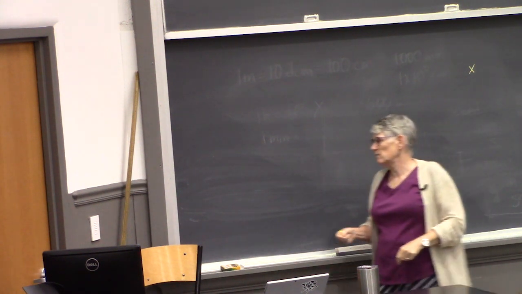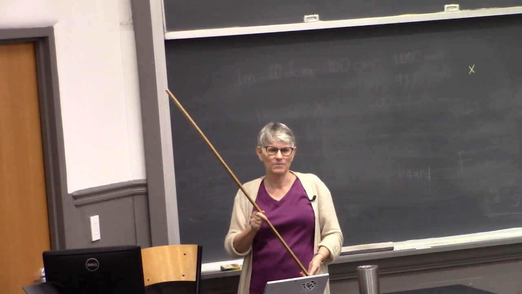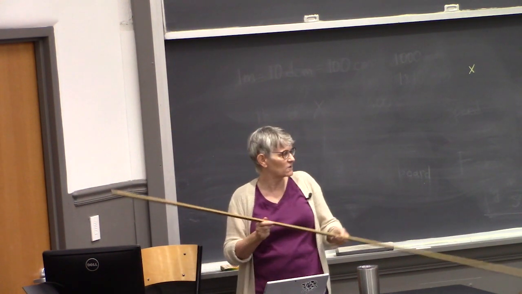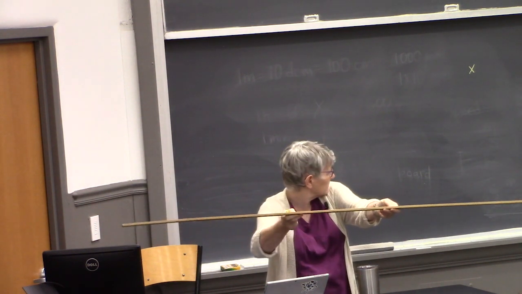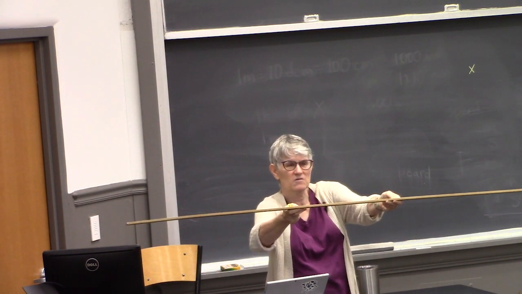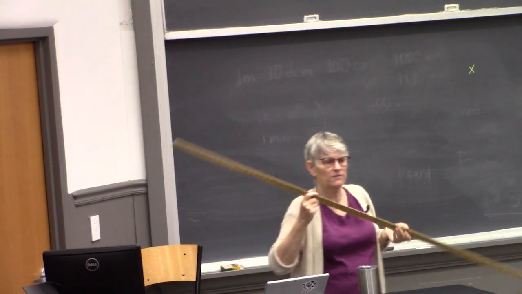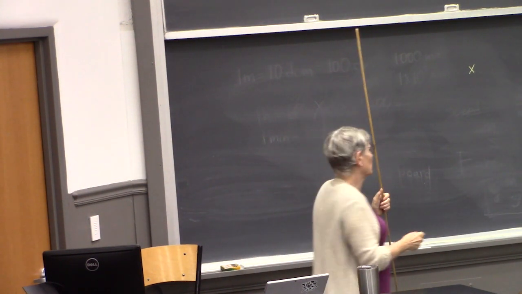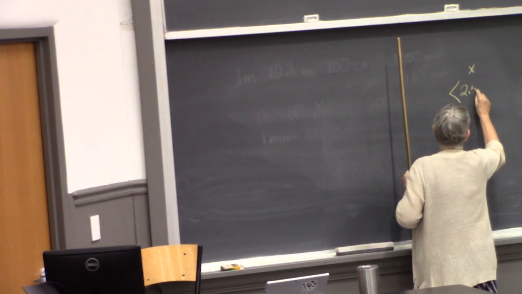So 2.5 meters, that would be which direction? X? So this, I think, is 2 meters. Let's see, we've got, yeah, 2.5 sounds right, maybe 3? We'll call it 2.5 meters in the x direction. So we have 2.5.